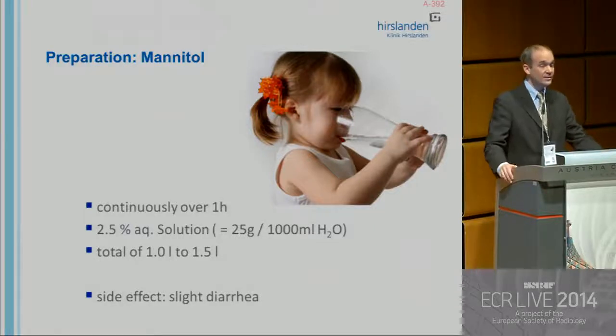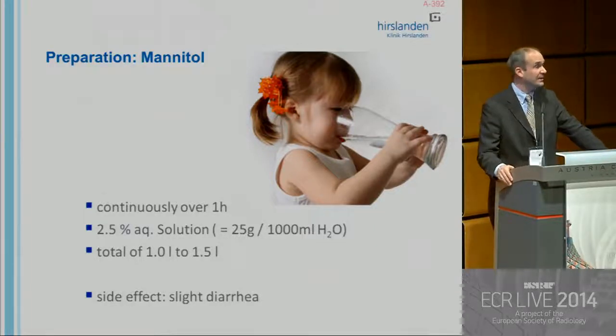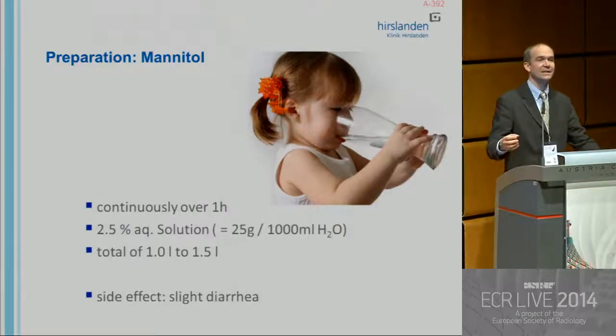What we do in our institution is we let people drink, so the enterography. It's 25 grams of mannitol. This is a special sugar which is non-resorbable, and it doesn't get digested. So you can really use it as an osmotic, hyperosmotic thing.